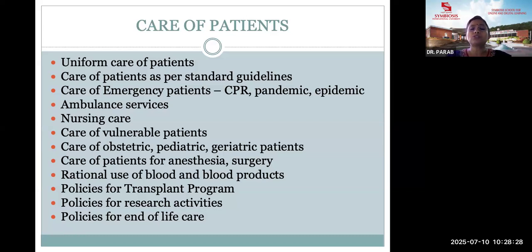So there's a huge gamut of super specializations, but it all depends upon the scope of services which the organization is offering. And then accordingly, NABH will be looking at your infrastructure, the manpower behind it, and the processes that you're following.